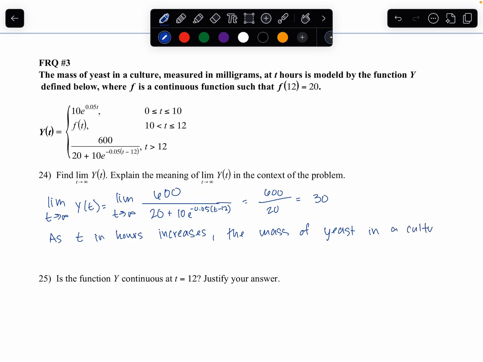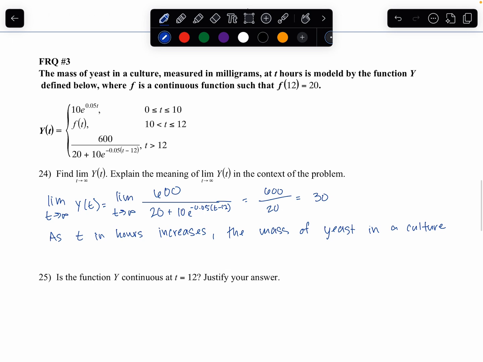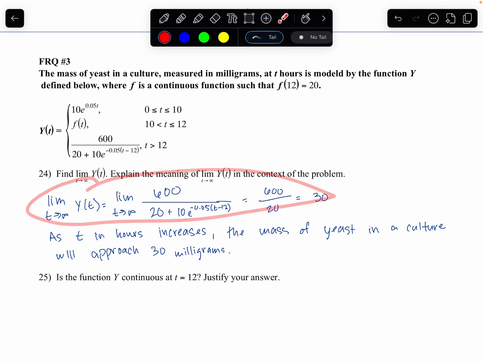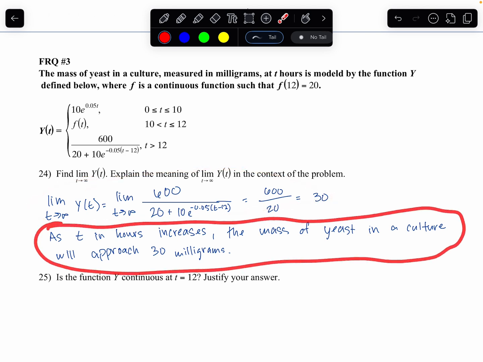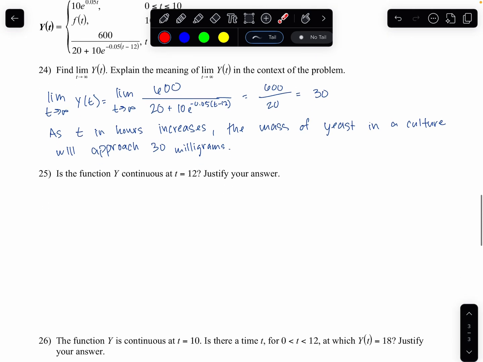I'm really just going to copy what they have. So the mass of yeast in a culture will approach 30 milligrams. Yep, will approach 30 milligrams. So I think that's the best way to do that. So we have this part right here explaining how to show it mathematically, and this is what it actually means in the context of the problem.